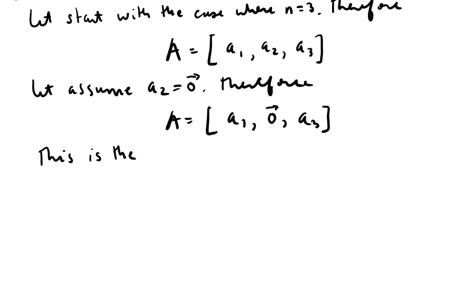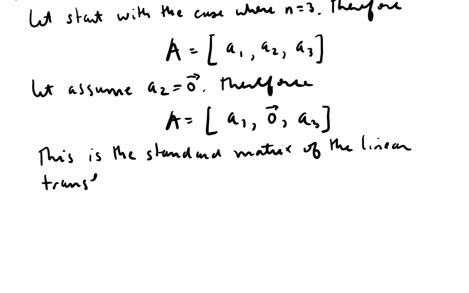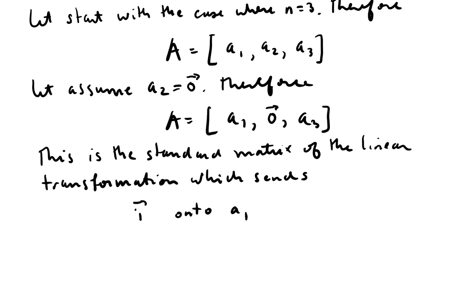We call that the standard matrix of the linear transformation which sends I onto A1, J onto 0, and K onto A3.